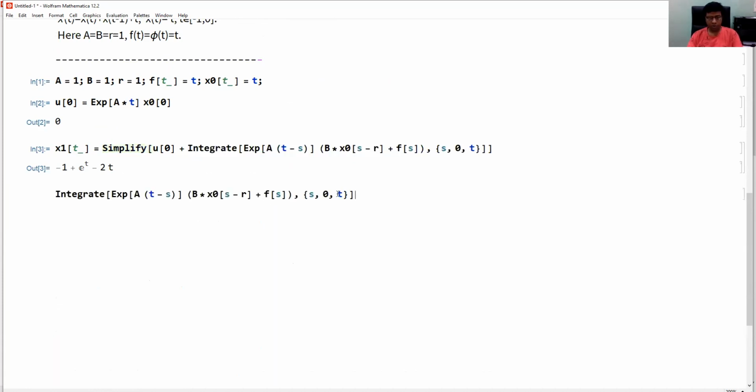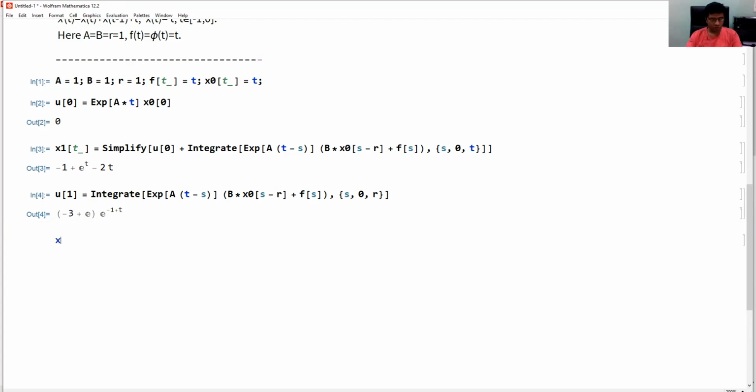Here we change this limit to r and we call this u of 1, because we need this term in all the next steps. So u of 1 is this one.